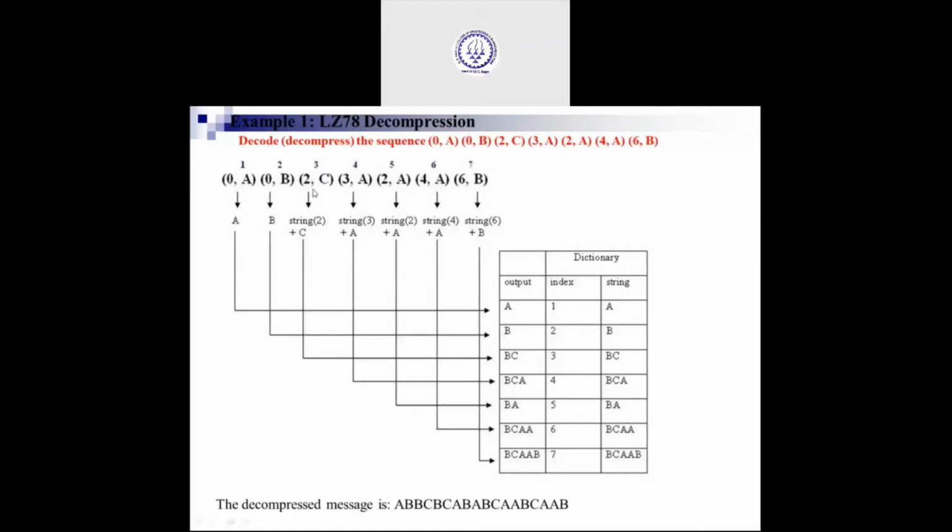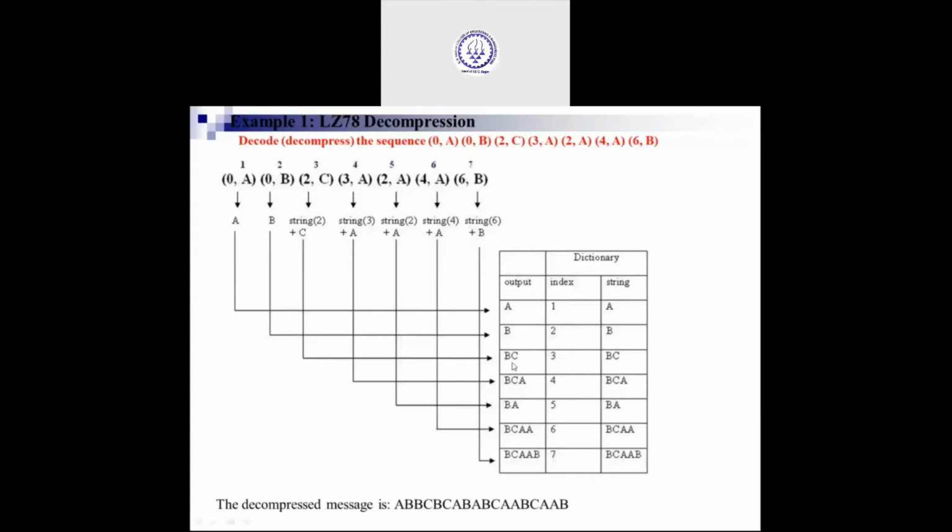Then I'll focus on 2 comma C. C is my innovative bit, which is copied down over here as C. Now before C there is a 2, so I need to refer in the dictionary to find the string for index 2. For index 2, the string is B. So this B is attached prior to C in order to recover my value BC.